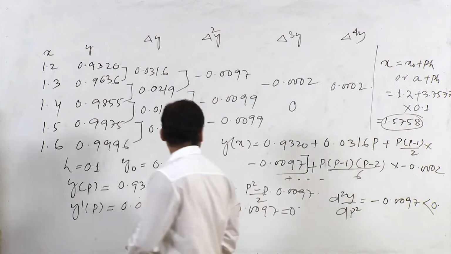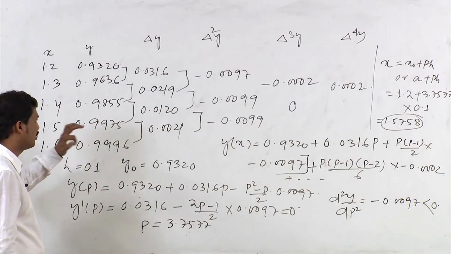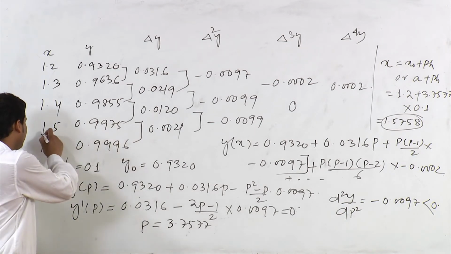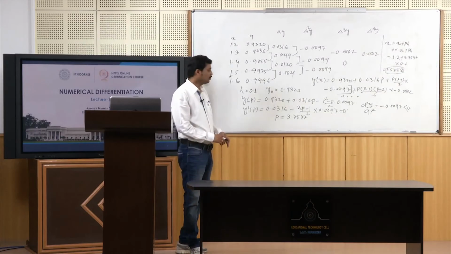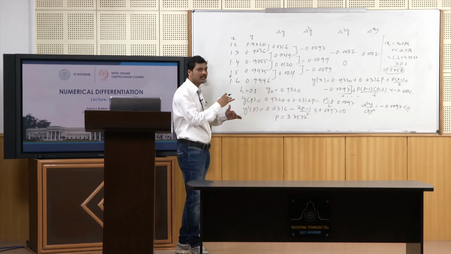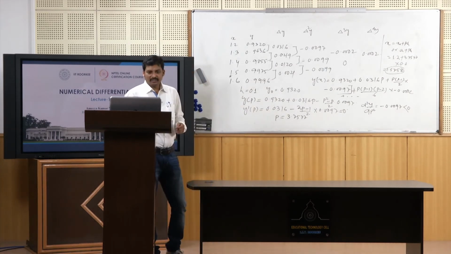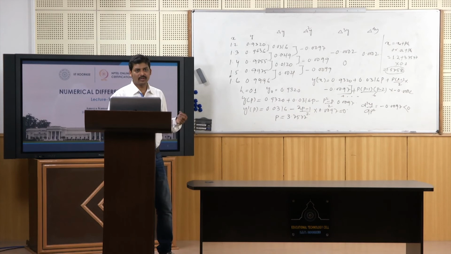If you see this point here, this value of x is observed in this tabular values. This means that we have to use Newton's backward difference formula to obtain the value at that point. So to find this maximized value at that point especially, we use the backward difference formula as x equals xn plus ph.